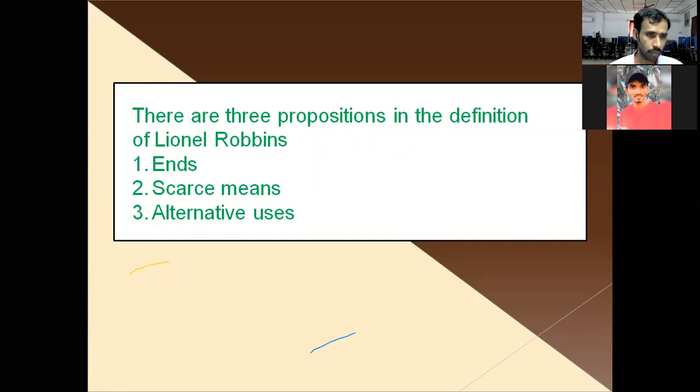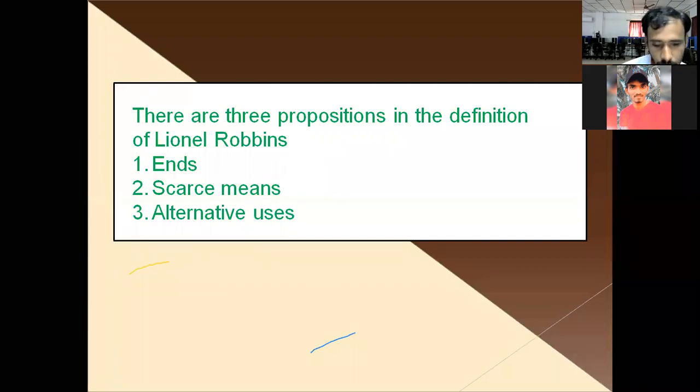So this is my first proposition. And the second proposition, scarce means. Scarce in the sense a commodity or a good which is in shortage in nature is called scarce. It means if the supply is less and the demand is more, then you can say that particular product is a scarce product.